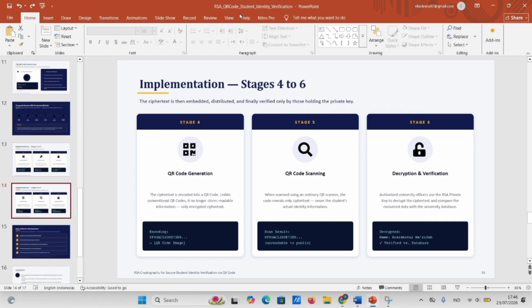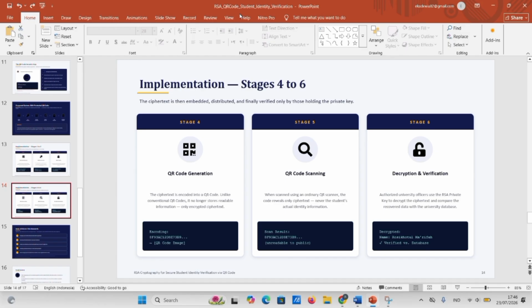Implementation, stages 4 to 6. The ciphertext is then embedded, distributed, and finally verified only by those holding the private key. Stage 4: QR code generation. The ciphertext is encoded into a QR code.